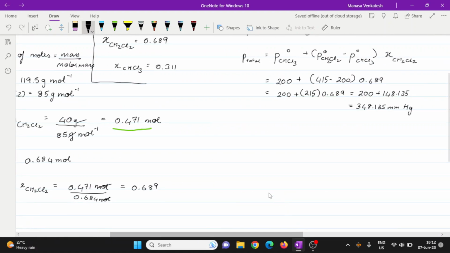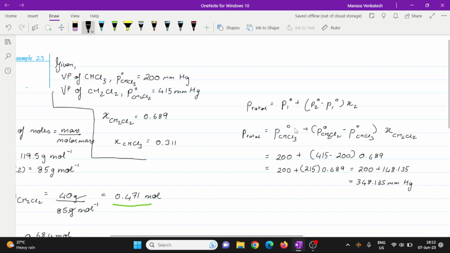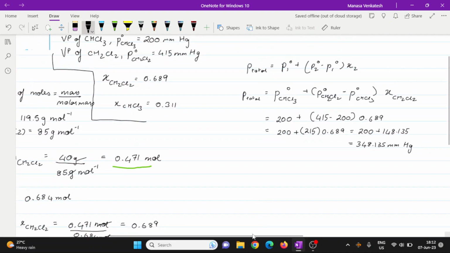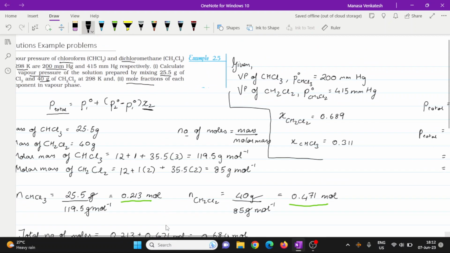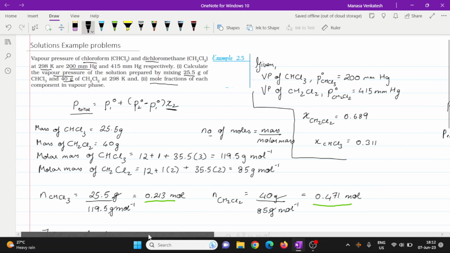From that, we were able to substitute it into this equation to obtain the value of the pressure of the solution.